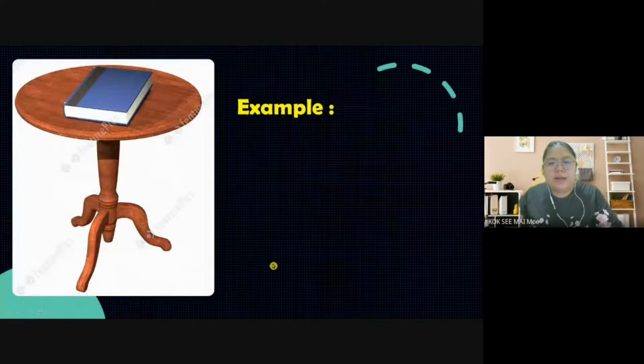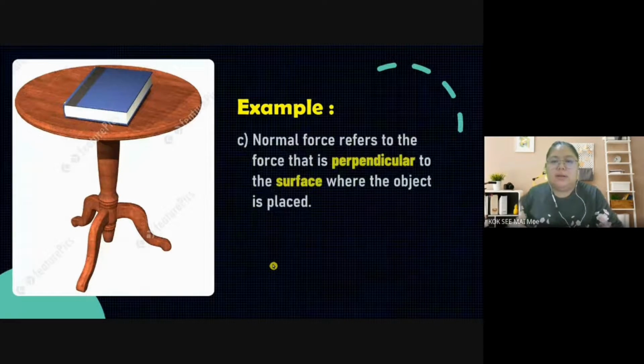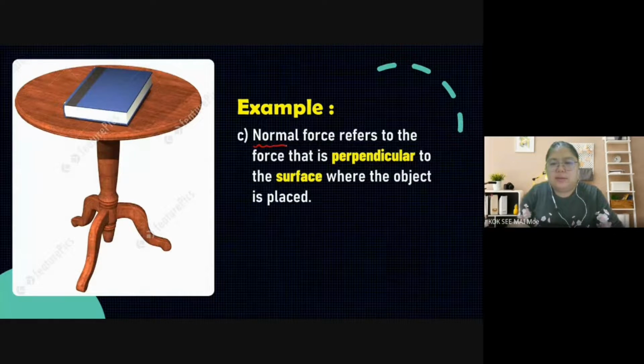Another example, we also got normal force. Normal force normally acts upwards. Sometimes we call it normal force, sometimes we call it normal reaction. Down, everybody knows there's a weight.